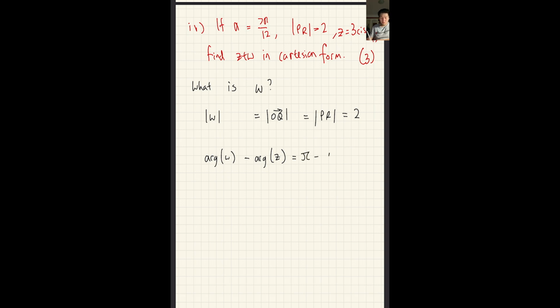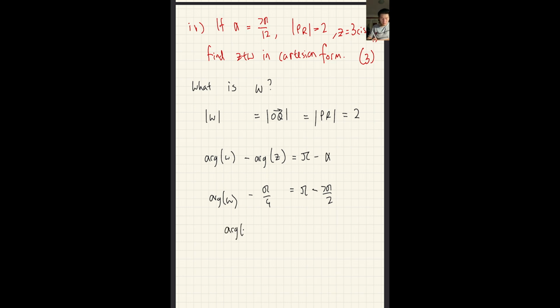They give us that alpha is 7 pi on 12, so pi minus 7 pi on 12. Now all we are after is the argument of z. That's pretty simple because z is 3 cis pi on 4, so pi on 4 is the argument. We throw that in, minus pi on 4. Now all we have to do is simplify this expression.